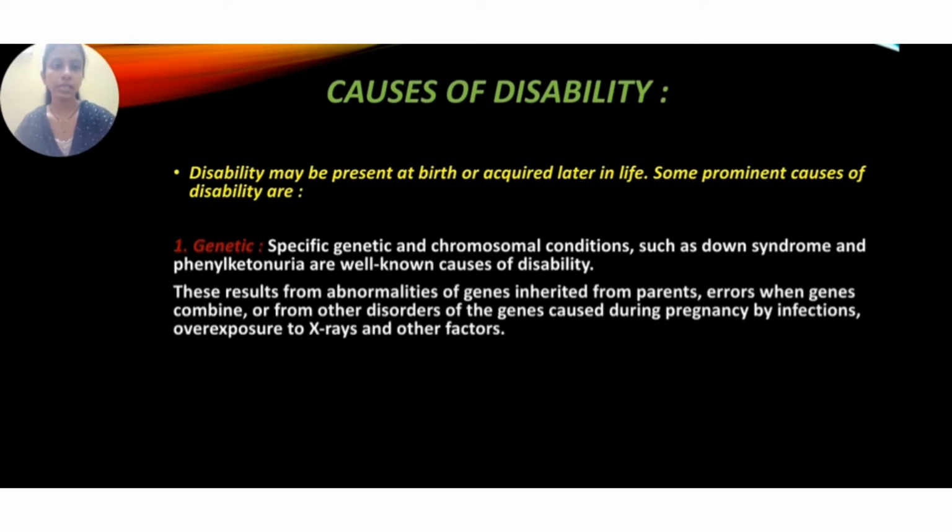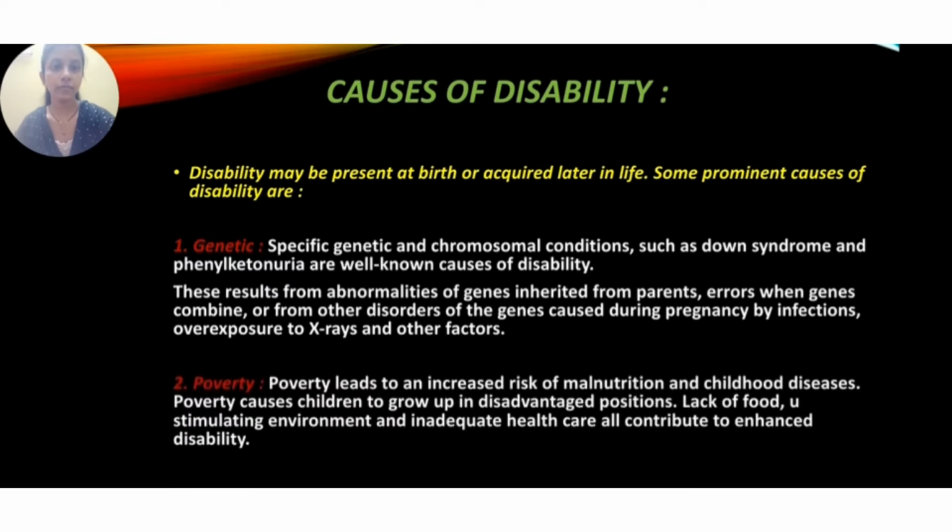This results from abnormalities of genes inherited from parents, errors when genes combine, or other disorders of the genes caused during pregnancy by infections, overexposure to X-rays and other factors.